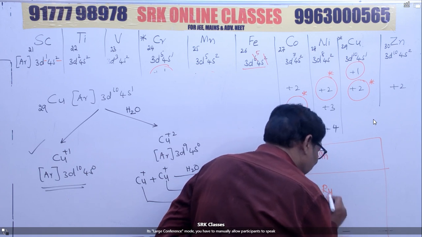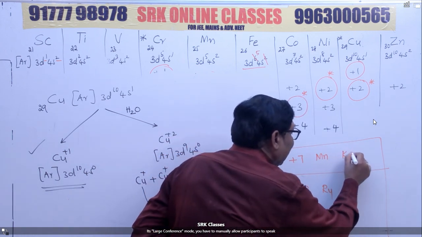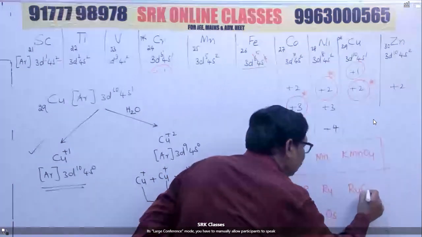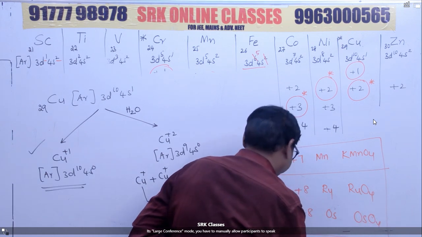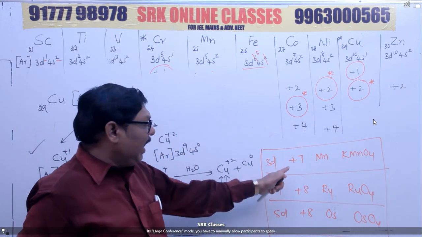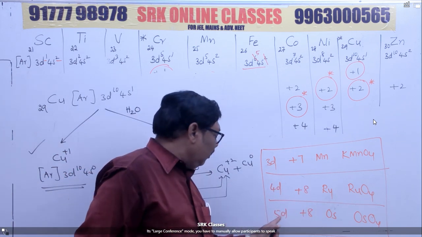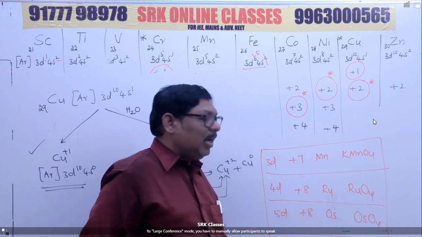Here it is osmium. Now, compound is KMnO4, potassium permanganate. Here it is ruthenium tetroxide. Here it is osmium tetroxide. 3d maximum is plus 7. 4d is plus 8. 5d is plus 8. So compounds are manganese, ruthenium and osmium.